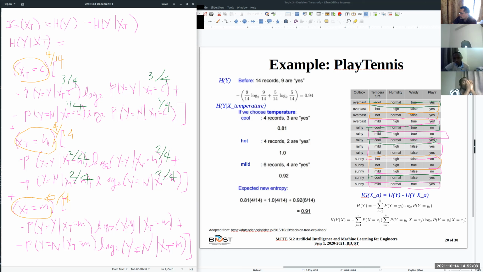Okay, so how many yeses? 1, and then this is 2, 3, and 4. So that's 4. 4 over, how many are these? 6. So 4 over 6, and that means the no is 2 over 6. Yeah, there you go. Finish.